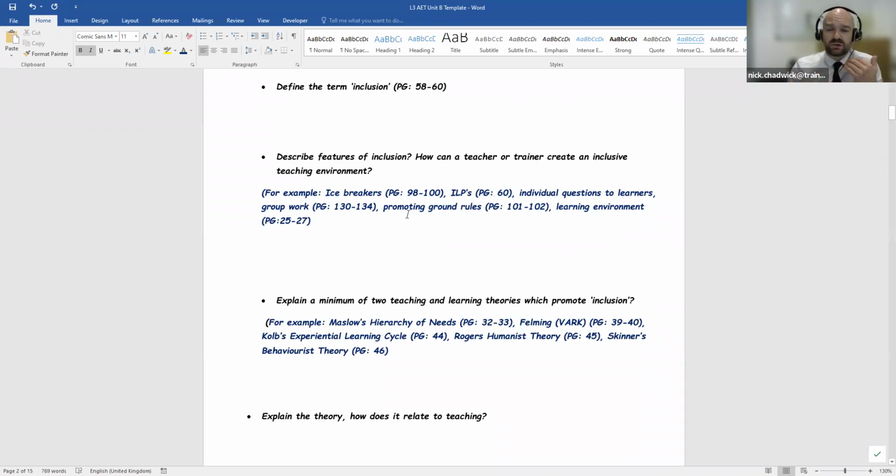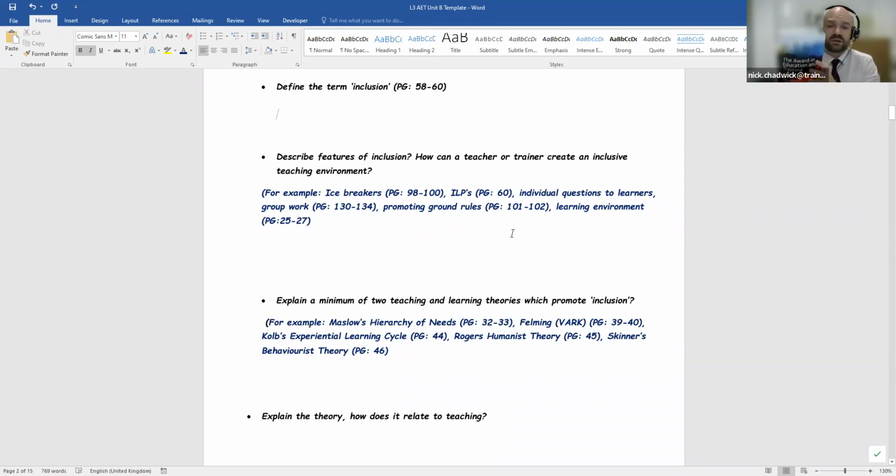So I would definitely look at textbook pages 98 to 100 for icebreakers, for individual learning plans on page 60, individual questions to learners, and also group work on pages 130 to 134, and also promoting ground rules as well. That's pages 101 to 102, and also how to promote an inclusive learning environment.